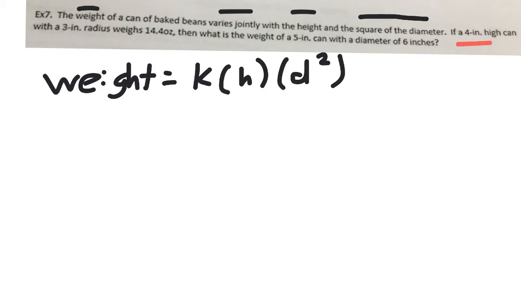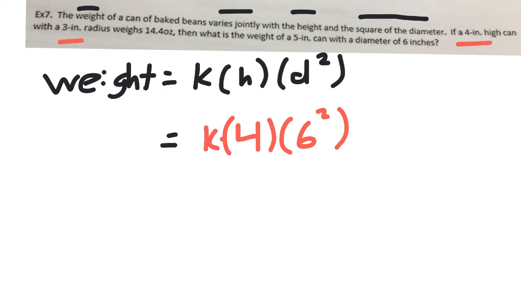Now I've got a 4-inch high can, so 4 would be the height. A 3-inch radius. Okay, so what could that tell me? Well, if the radius is 3 inches, the diameter is 6 inches. And when I plug that in here, I would plug in 6 and then square 6.